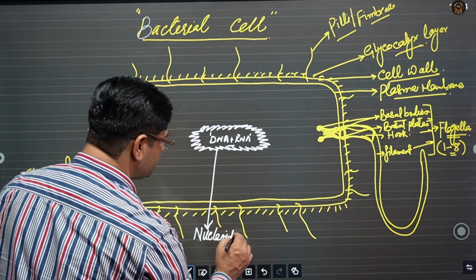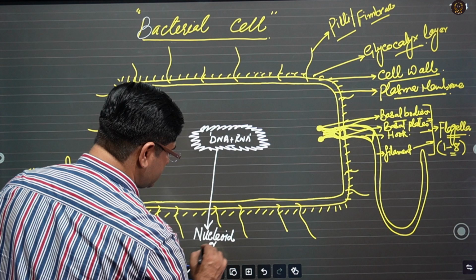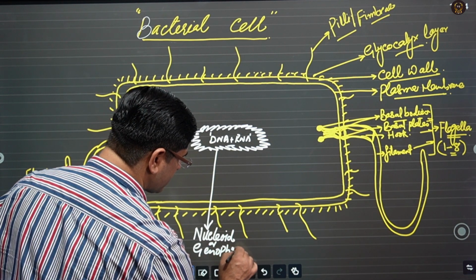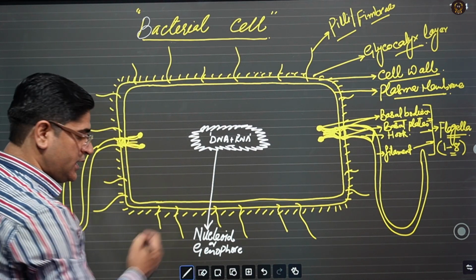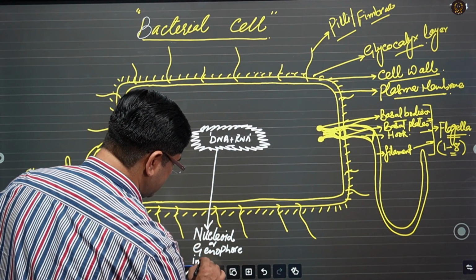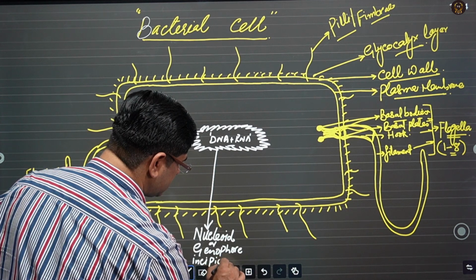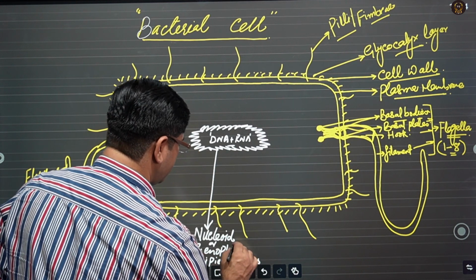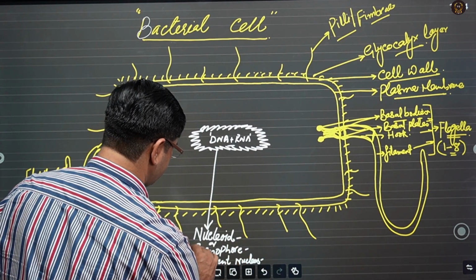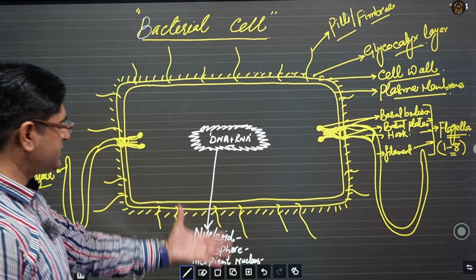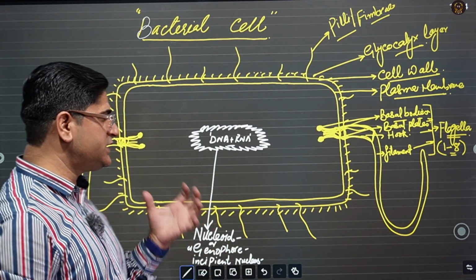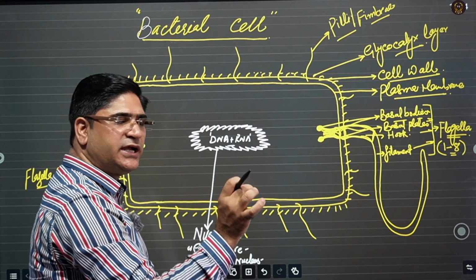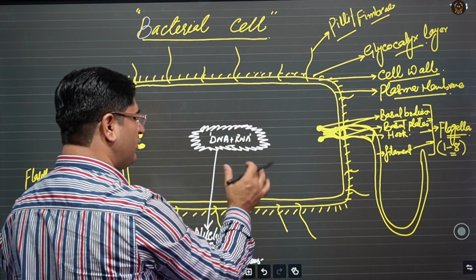It has other names also. It is also called genophore. It is also known as incipient nucleus. It has different names: genophore, incipient nucleus, nucleoid. This nucleus is actually a naked genetic material which is not well developed.